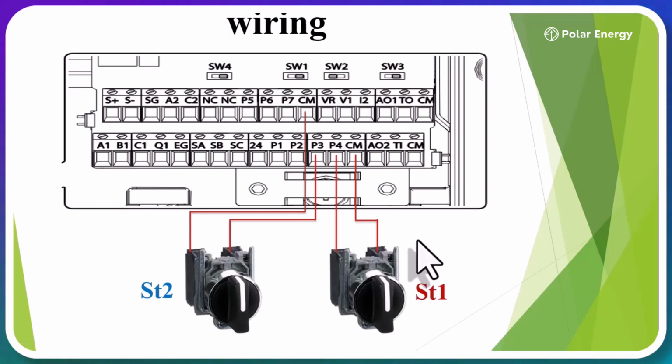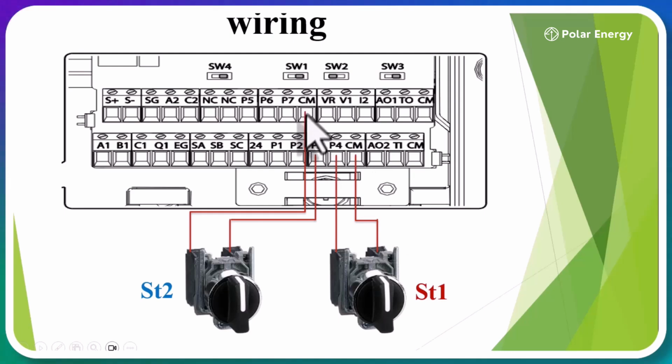Now, as for the wiring, as we said, we've assigned digital inputs P3 and P4 to the inverter. If we have two switches, 0 and 1, to send different speed values to the inverter, we've assigned one of those switches to digital input P3 and wired it, and the other switch to digital input P4 and wired it as well. The common terminal is CM.